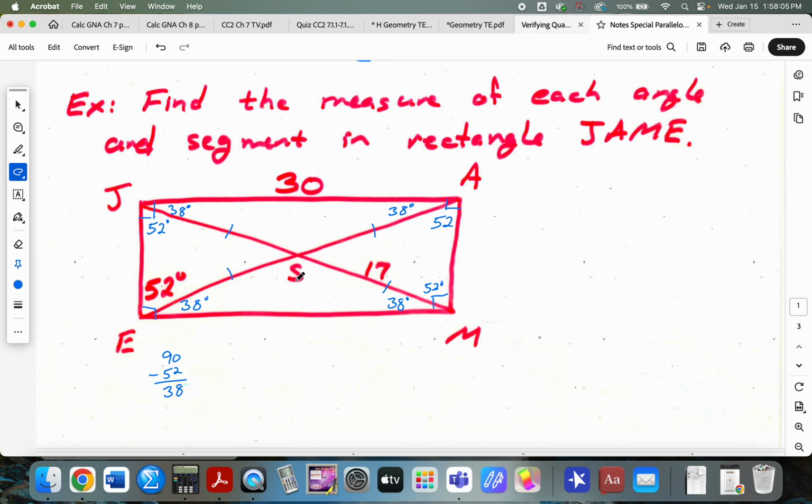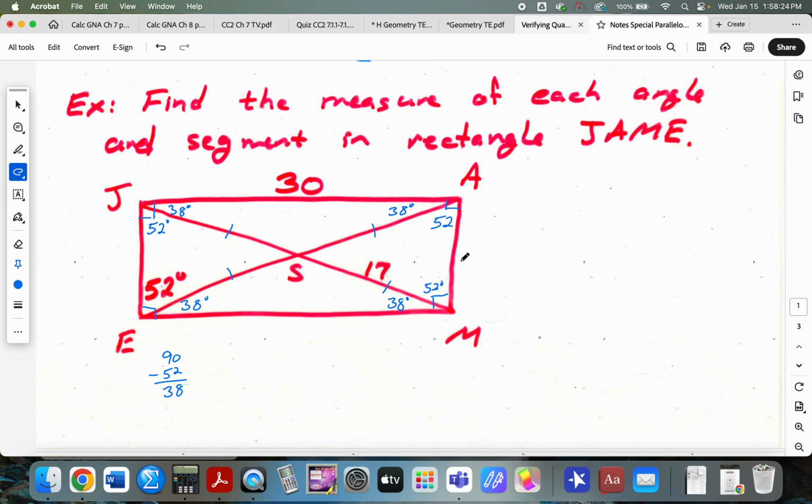The only angles that are left to find are the ones here in the middle. You can use angles of triangles, which takes a little longer, or if you want to be quick about it, you can use exterior angles of a triangle. Either one of them is fine.